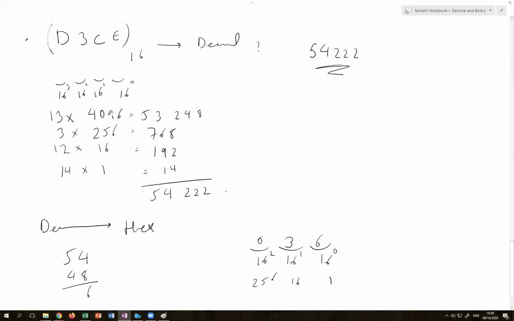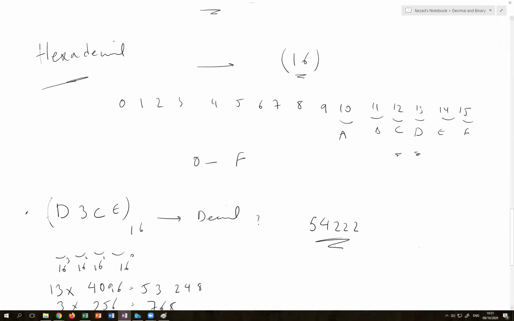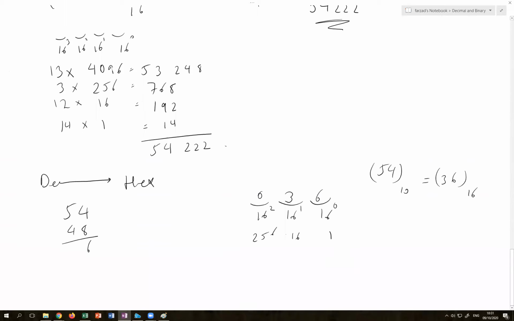So it means that 54 in decimal is equal with 36 in hexa. If, for example, we had here 13 instead of 3, what you had to do, you had to say this is D. 13 is D. So it depends on the values that you have here.